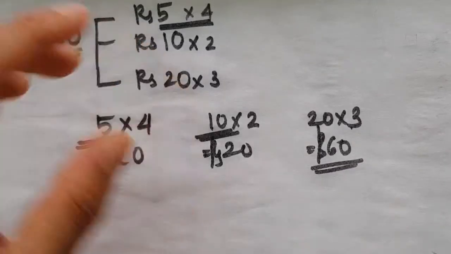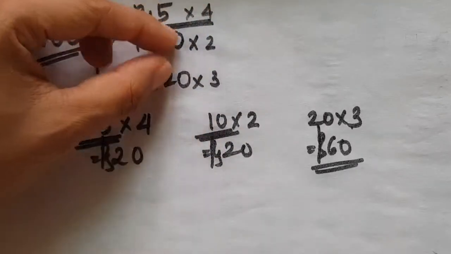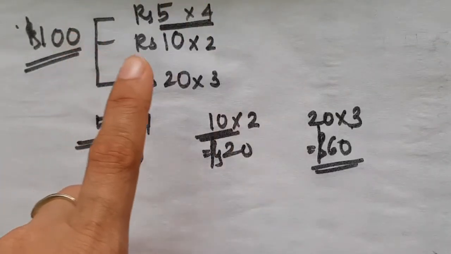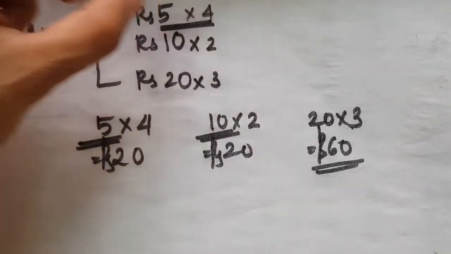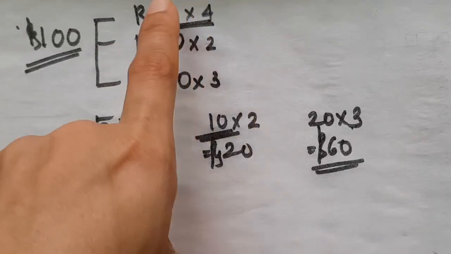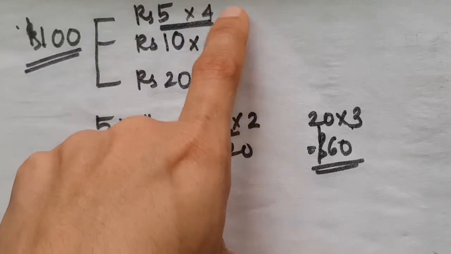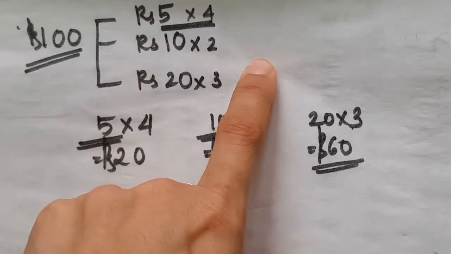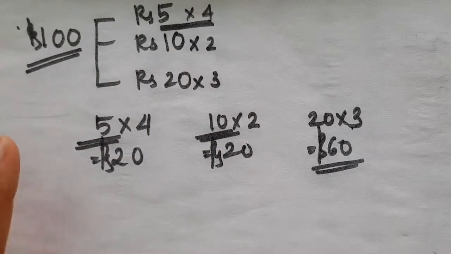So what you have to do is, with the number of notes, you have to multiply the denomination, that is rupees 5 or rupees 10 or rupees 20, to see how much rupees we have from these notes. You get the point? That is 4 five-rupee notes, so multiply with 5 to get how much amount we get from those, that is 20. 2 ten-rupee notes, so 10 times 2 is 20, and so on. Okay, I hope it is clear.